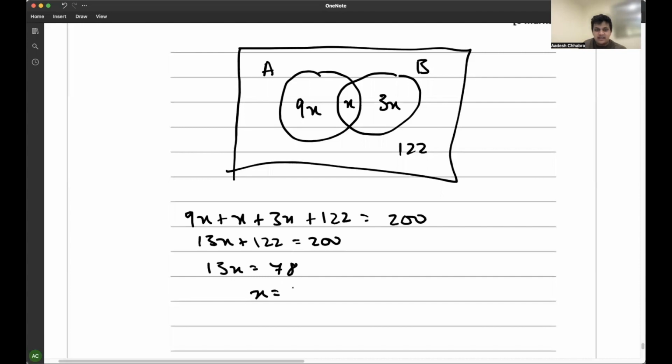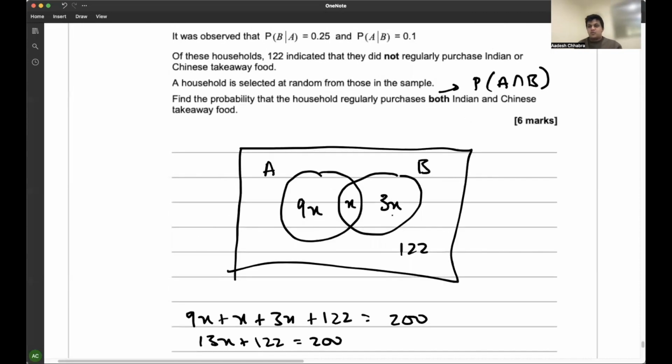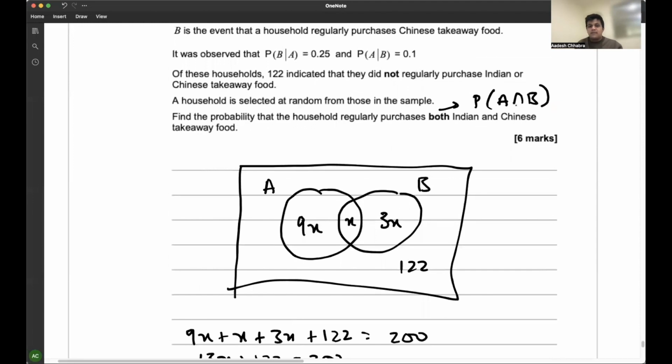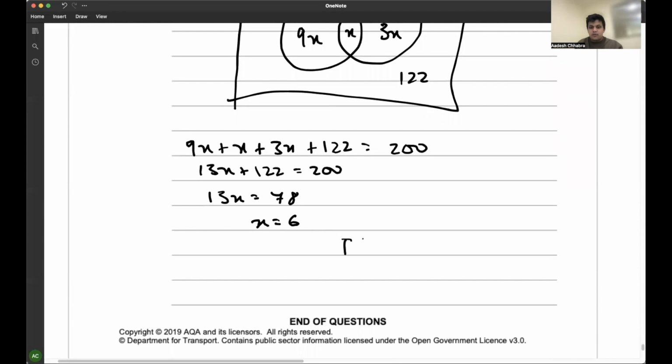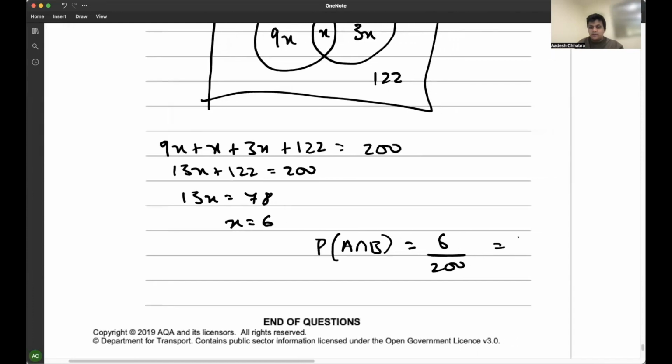And thus we get x is equal to 6. So now that we have our value for x, we need to find the probability of A and B, which is just x from the diagram. So we know that the probability of A and B is just equal to 6 by 200, or 3 by 100 if you want to round. And that concludes this question.